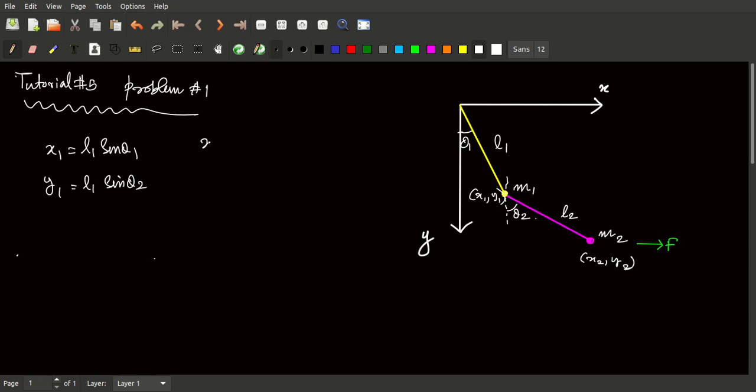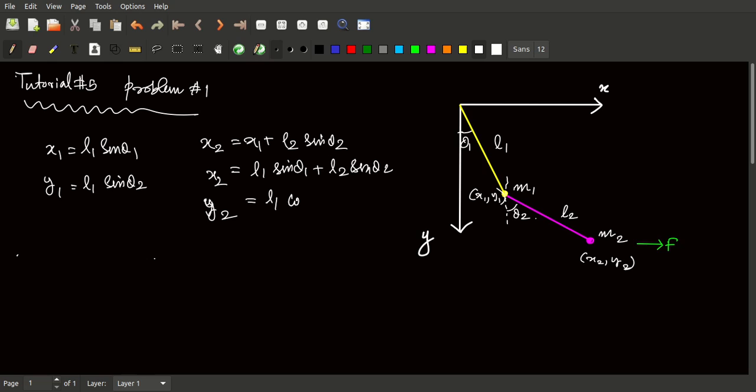Similarly, x2 as x1 plus L2 sin theta 2, which is equal to L1 sin theta 1 plus L2 sin theta 2. Similarly, this coordinate y2 will be equal to L1 cos theta 1 plus L2 cos theta 2.